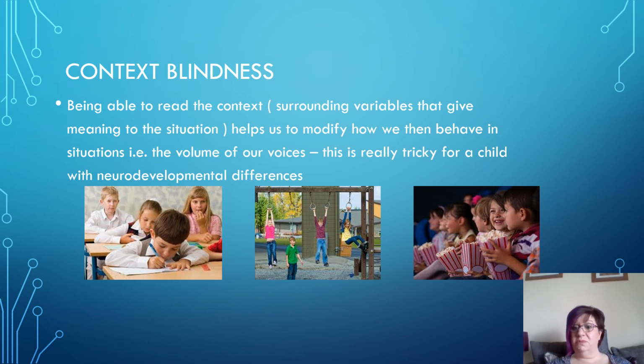And I, as a neurotypical adult, know what I'm supposed to do in different circumstances. But for kids with neurodevelopmental differences, this can be incredibly hard. So your average, your neurotypical kids, I don't like the word normal, there is no such thing, but your average kids would figure that out.